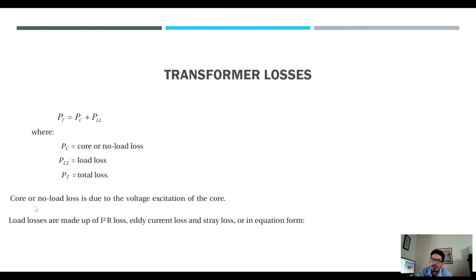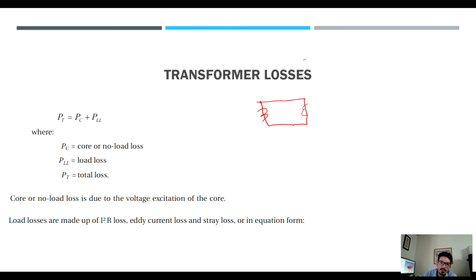When we talk about transformer losses, we have a type of loss given by the core. So if you remember, for instance, in the isolation transformer, you have a core where your coils are connected, and there's some loss because of these materials not being 100% able to carry out all the current.